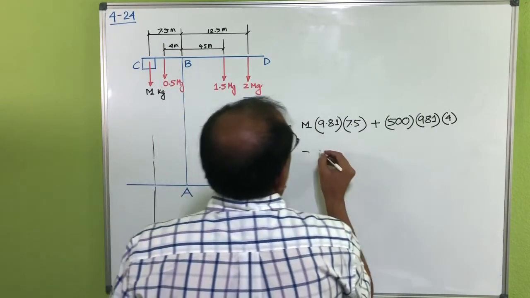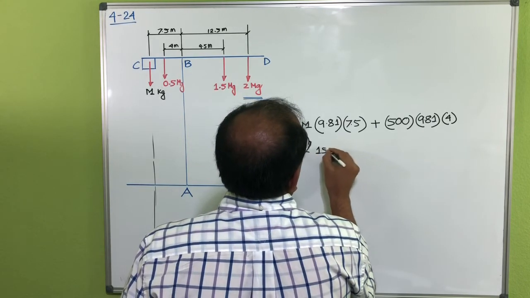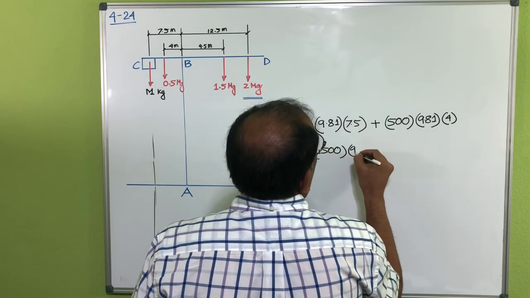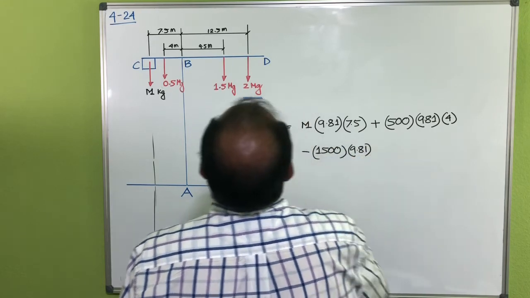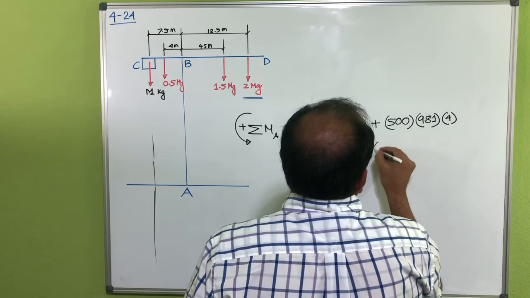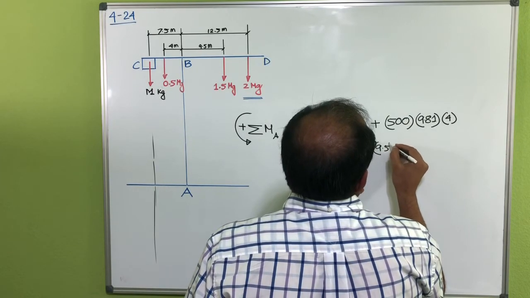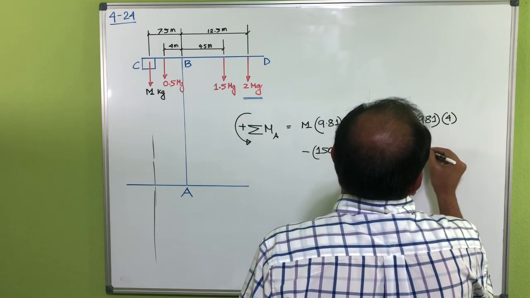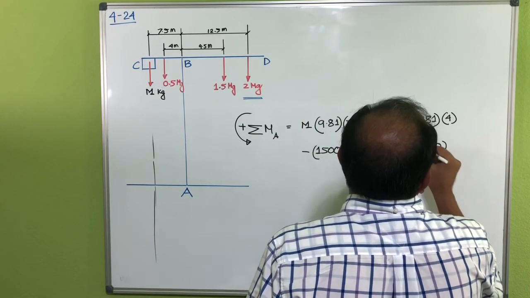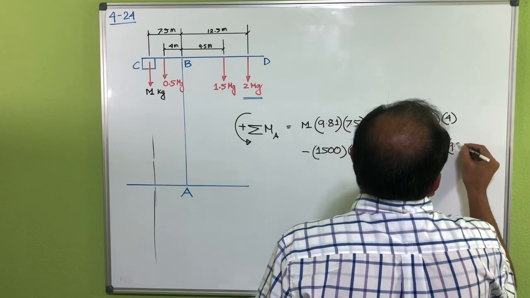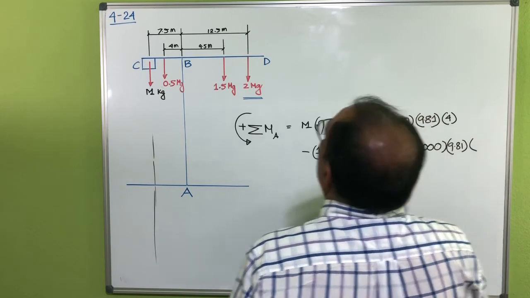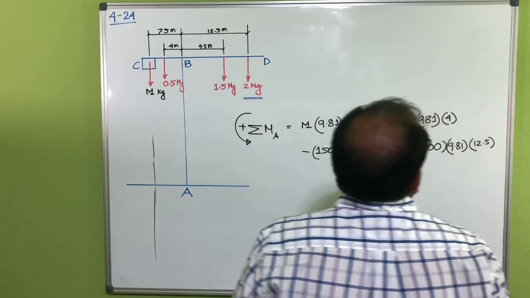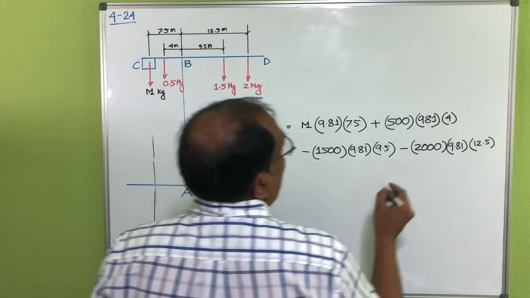So for this one, 1500 kg into 9.81, and the distance is 9.5, and this one is 2000 kg into 9.81 into the distance 12.5.